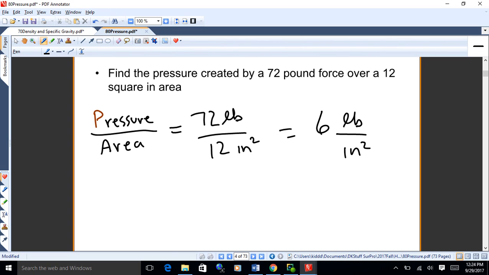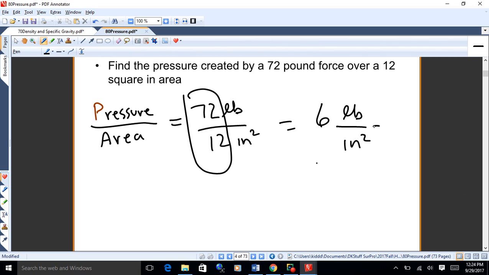You just take 72 divided by 12, and the units are pounds per square inch. That's often abbreviated 6 PSI.